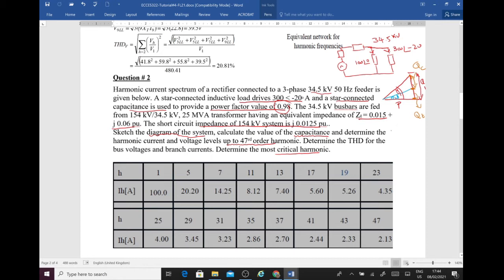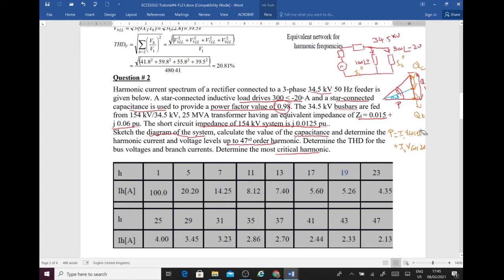Okay, so now how to find P for this system? P will be equal to I V cosine, right? So it will be the current times the voltage times the cosine of the angle. If I call this one I1 and this one I2, it will be I1 V cosine of the angle between the voltage and the current, which is 0, plus I2 V cosine of the angle between the voltage and the current, which is 20.